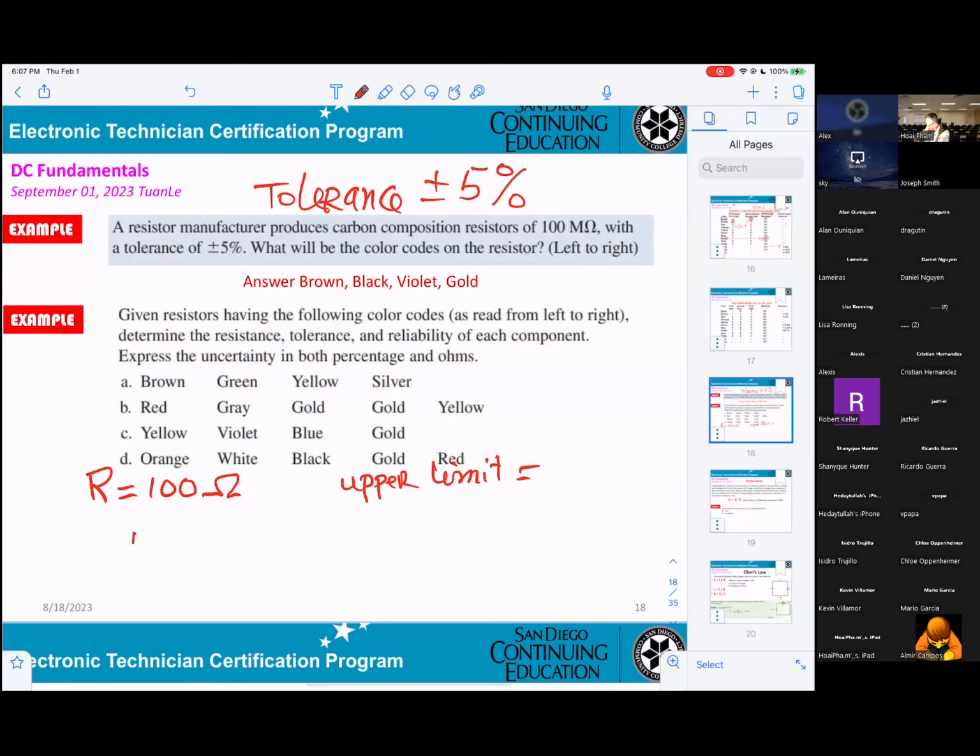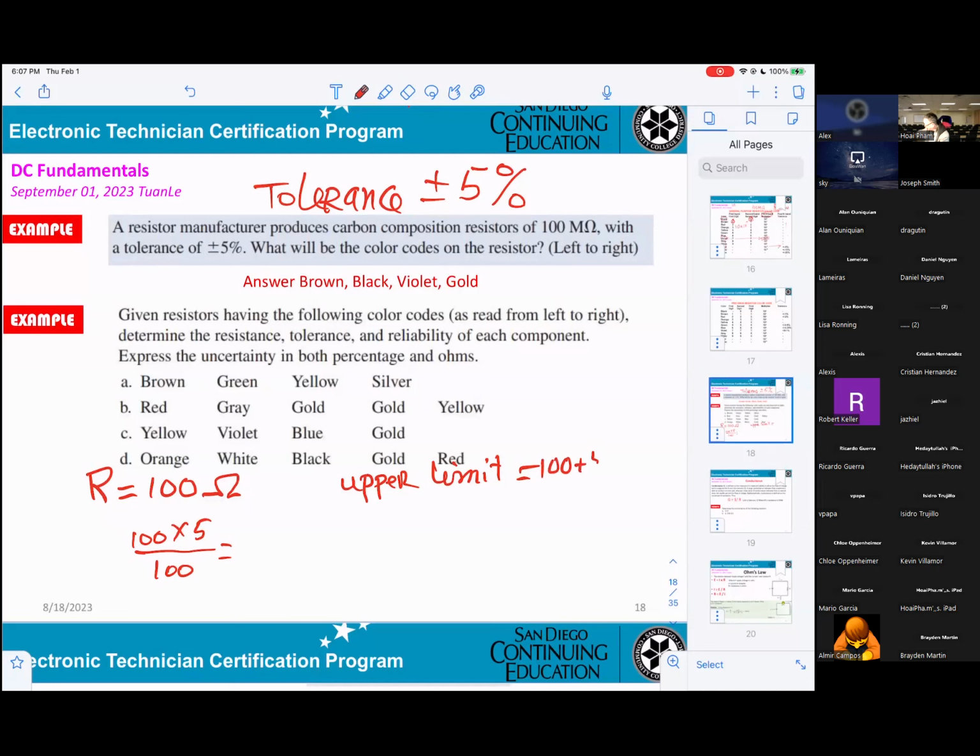So the upper limit will be what? You take 100 times 5 divided by 100. What do you get? Is it 5? Yeah, it's 5. That means adding to 100, you get 105.